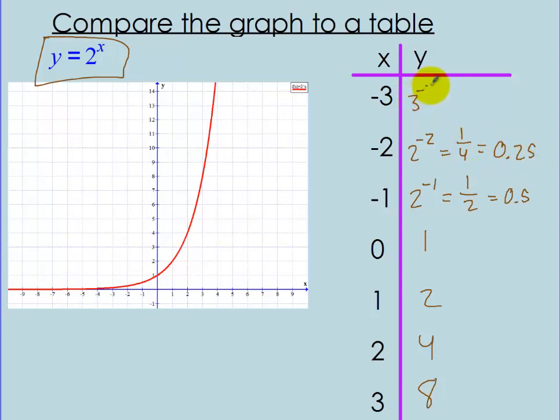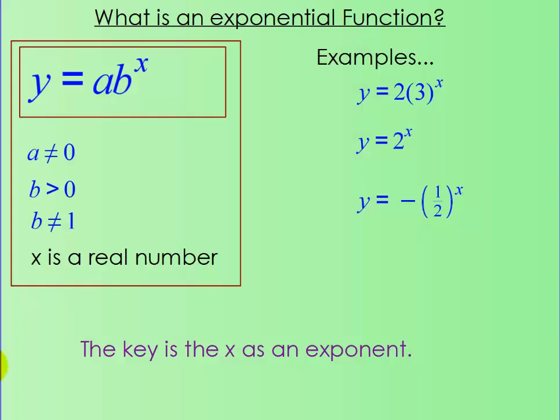And if you did 2 to the negative 3 power, you get 1/8, which is going to be 0.125. So as you can see, this value starts off at 8, really high on the positive x side, but it decreases and gets smaller and smaller, getting closer and closer to y equals 0, but never actually touching y equals 0, because that's the asymptote. So it gets smaller and smaller.